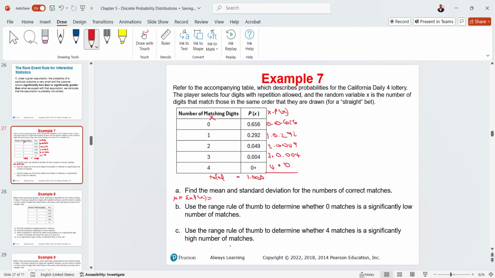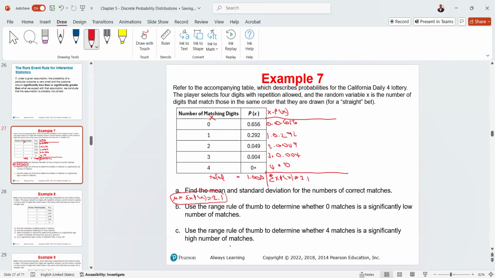So when you do that, because our goal here is to make sure that the total of X times P of X is equal to a number. And so far the number would be 2.1. So the mean here is 2.1. That's the first question.